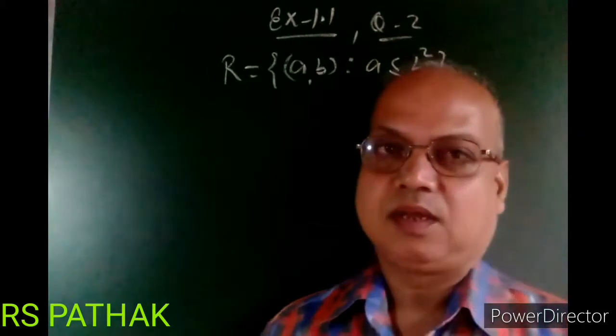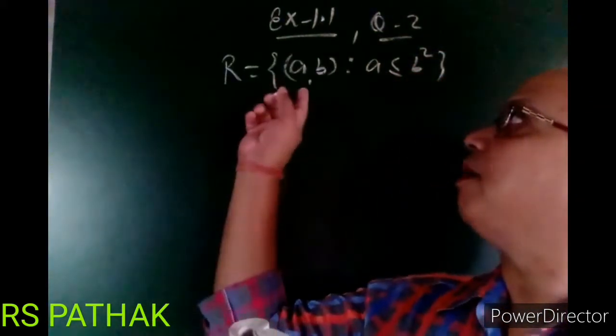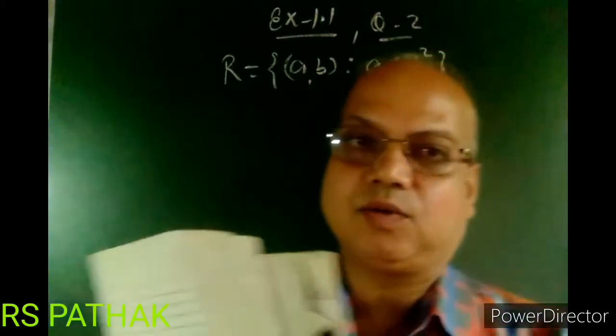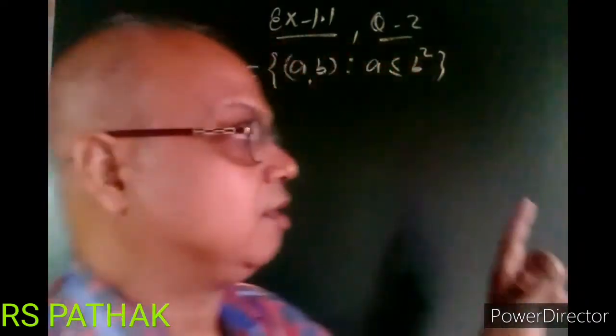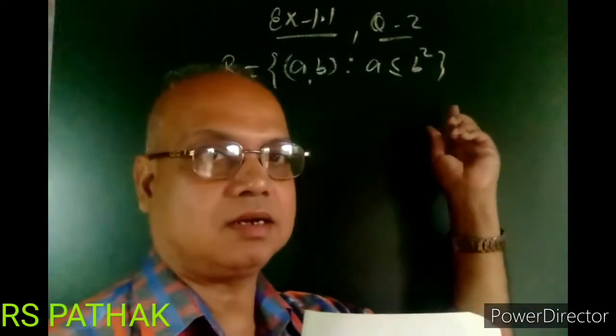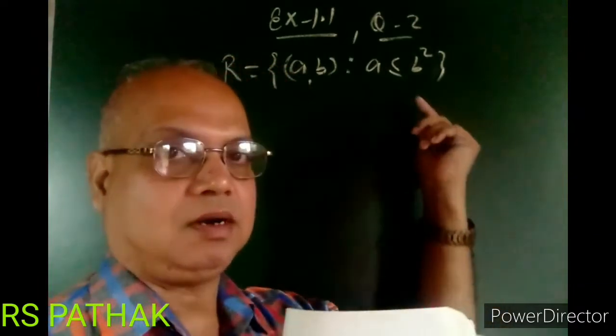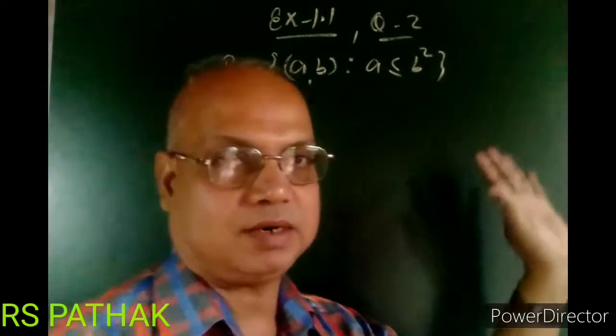If a relation R is defined like this, you have to show it is neither reflexive, nor transitive, nor symmetric.